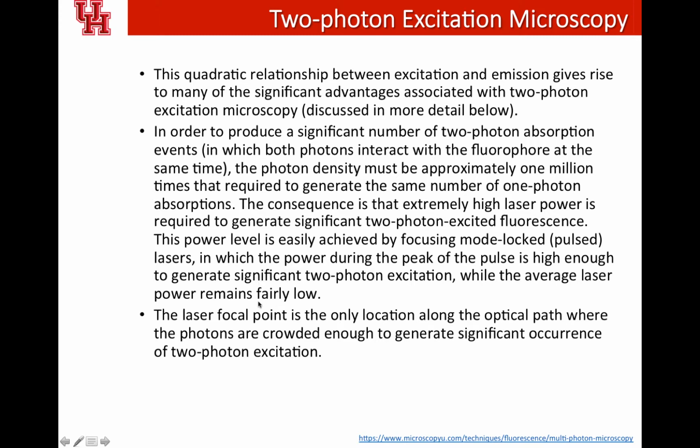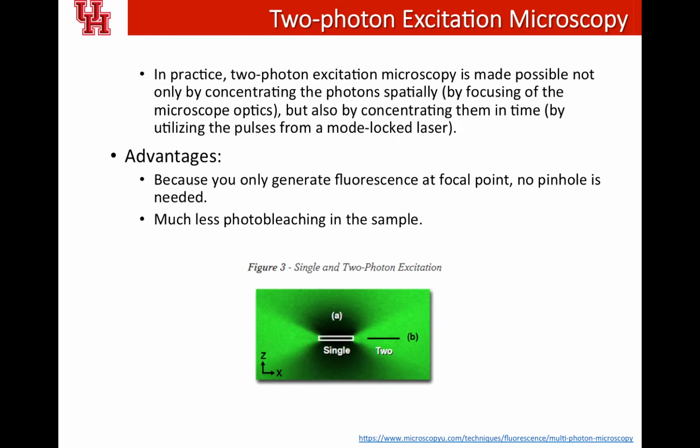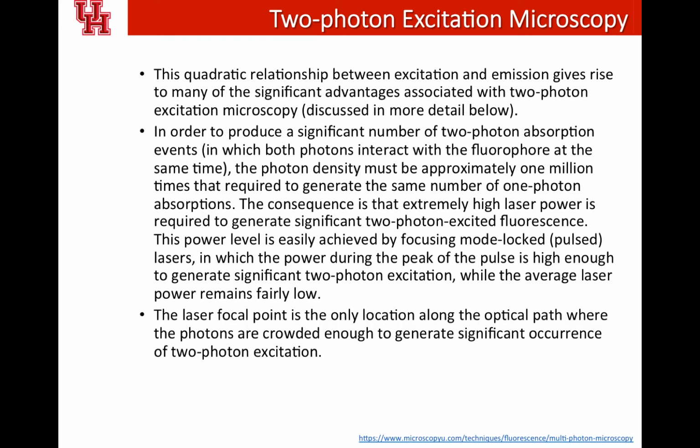You compress not only spatially, focusing to a small volume, but also the energy in a really short time, because those pulsed lasers only give really strong light in a really short pulse. So you improve the photon density in a really small region and a really short time.